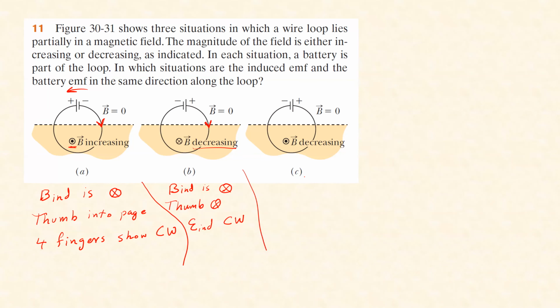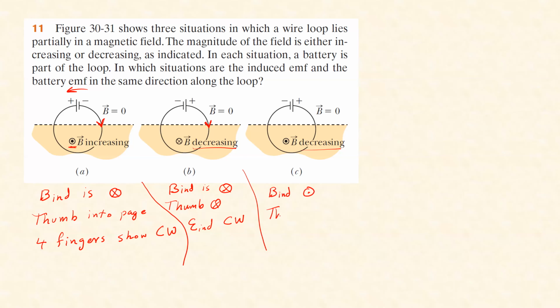What about this one? It would be counterclockwise, right? Since it's decreasing, and it's out of the page, B induced is supporting it because it's decreasing, so it will be out of the page.